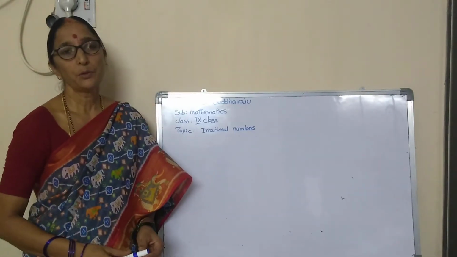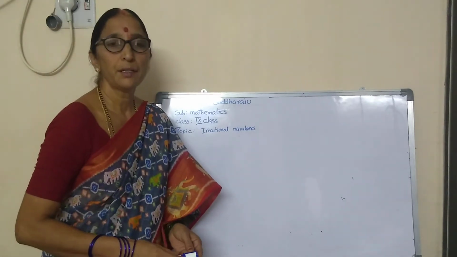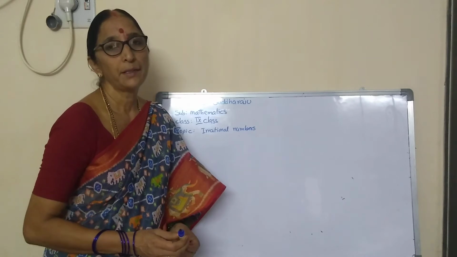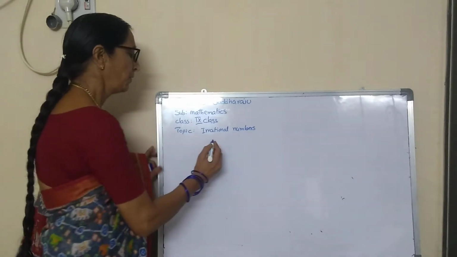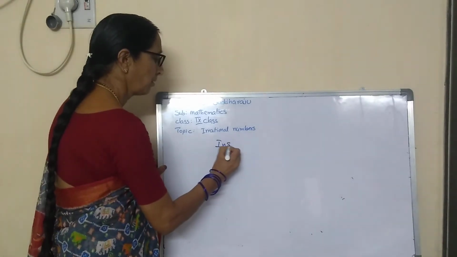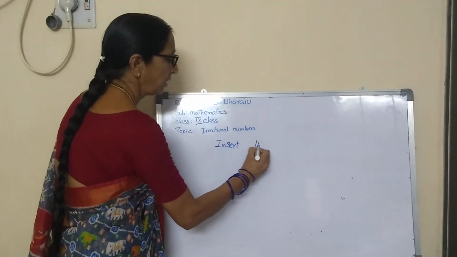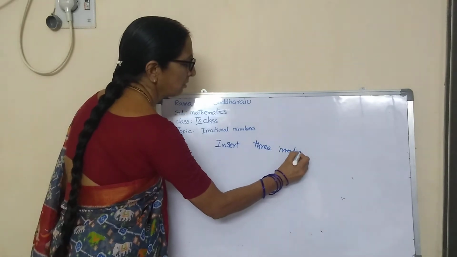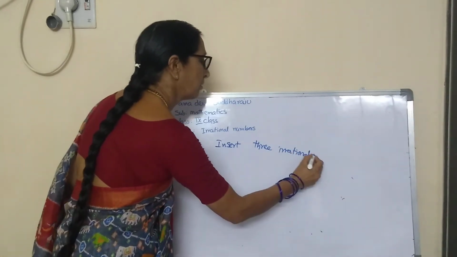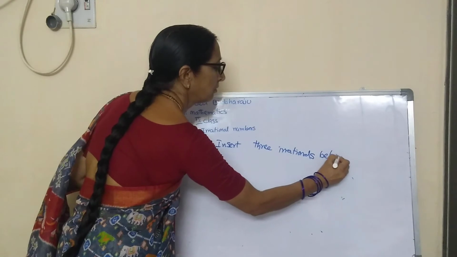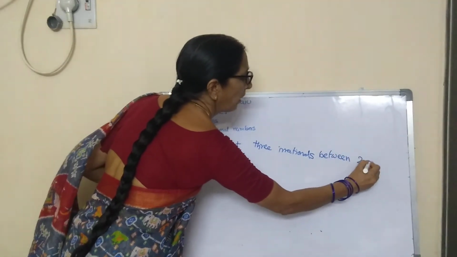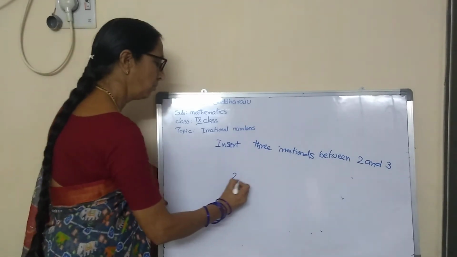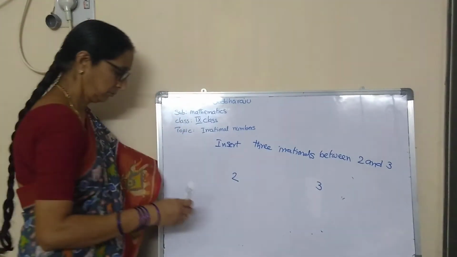Suppose we have to insert three irrational numbers between 2 and 3. Take 2 and 3.